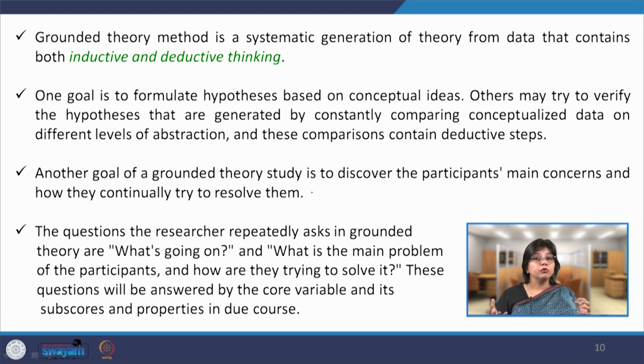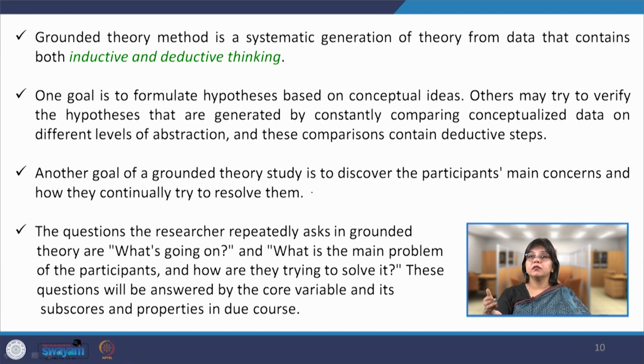That helps us to induce a particular kind of abstract thinking which is actually dominating the whole group, and how people are trying to resolve it with different perspectives. So, this is how inductive thinking and deductive thinking is prevalent when we are talking about grounded theory.